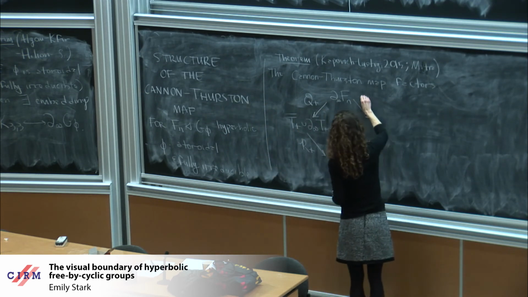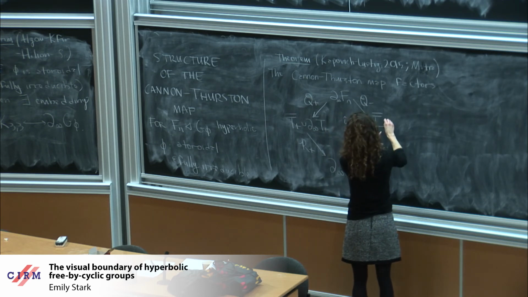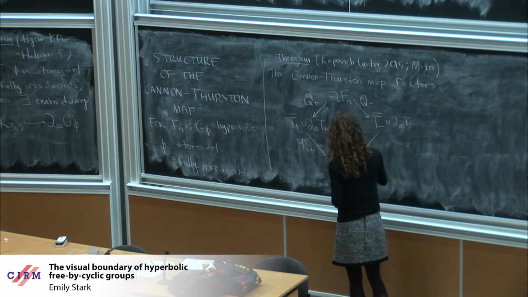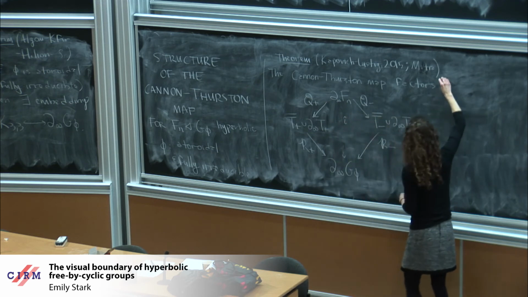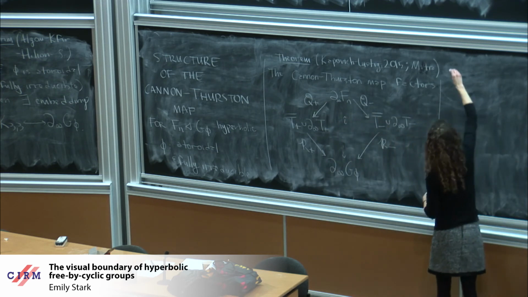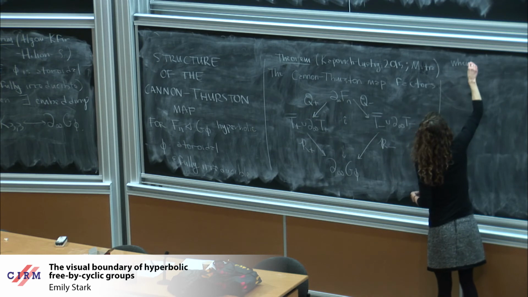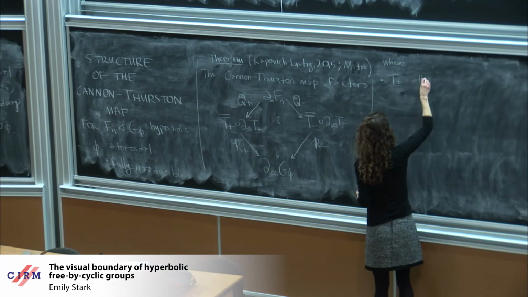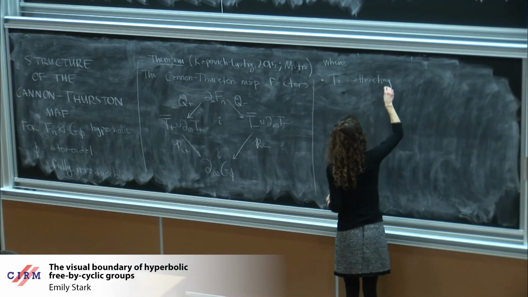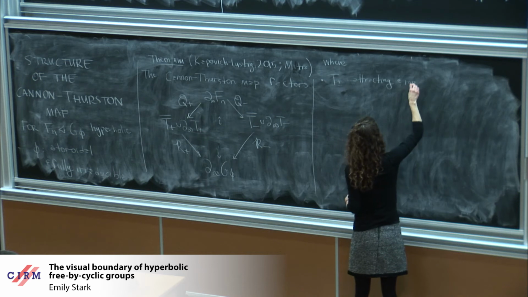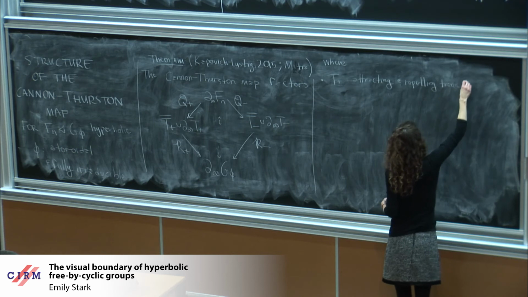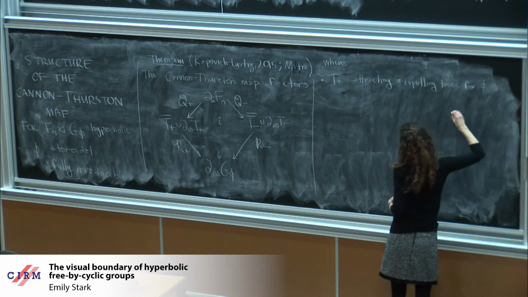It also splits through a map called Q minus to the metric completion of the repelling tree for the automorphism, union its boundary, and then to the boundary of the free-by-cyclic group via a map called R minus, where the trees T plus and T minus are the attracting and repelling trees for the outer automorphism phi.